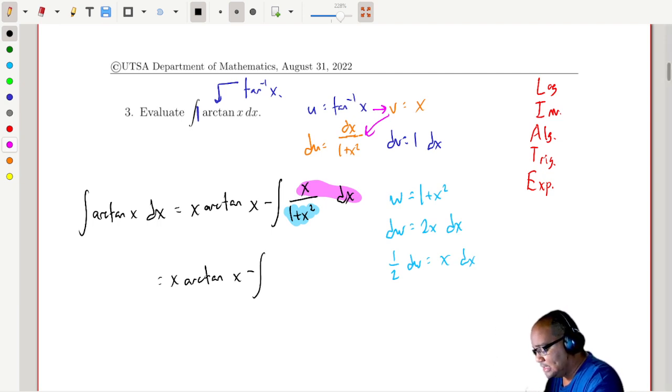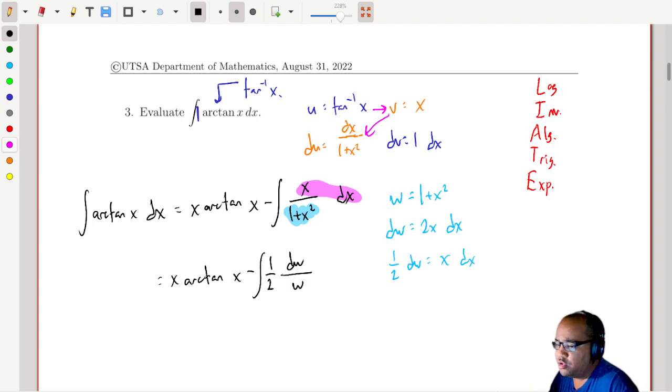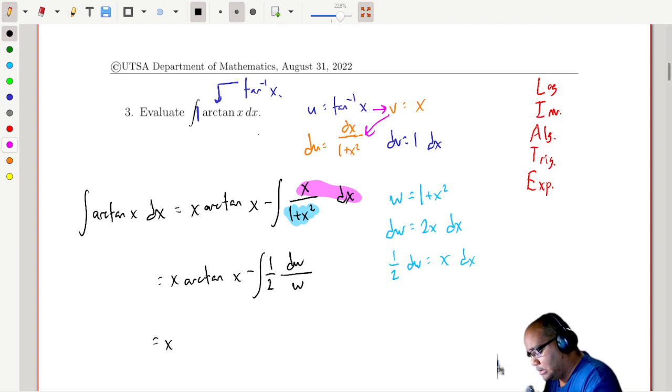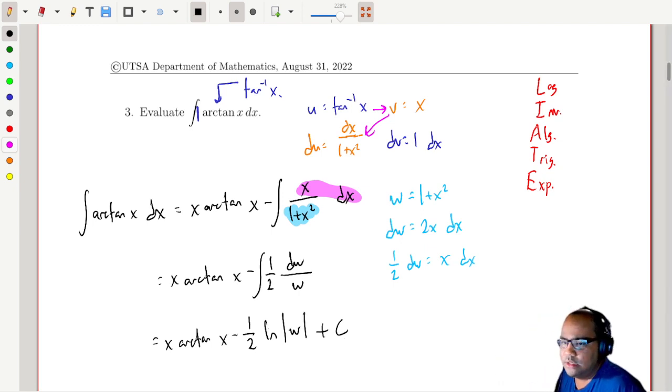So x dx is 1/2 dw, so I'll write that as 1/2 times dw over, well, 1 plus x squared is now w. How do I integrate 1 over w? That's the logarithm. So x arctan x minus 1/2 natural log of the absolute value of w plus a constant.